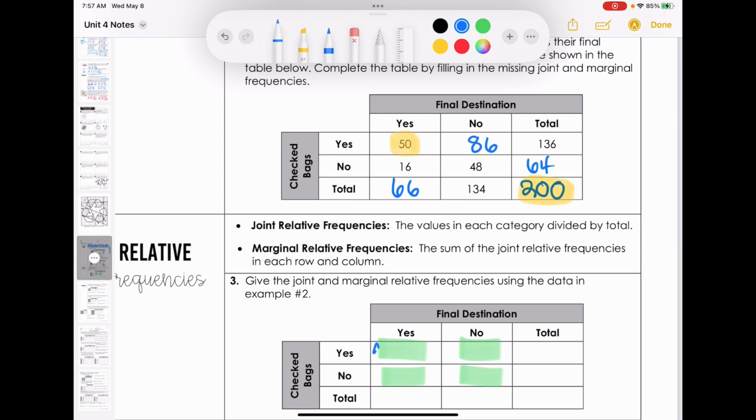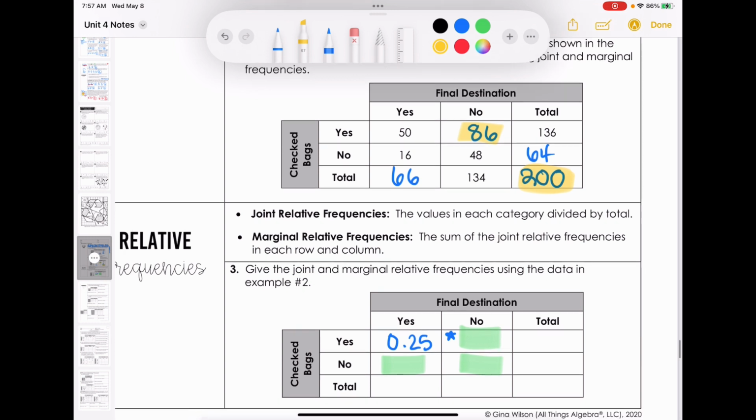For our first box right here, I'm going to do 50 divided by 200, and that gives me 0.25. For my second box, I'm going to do 86 divided by 200, and that gives me 0.43.